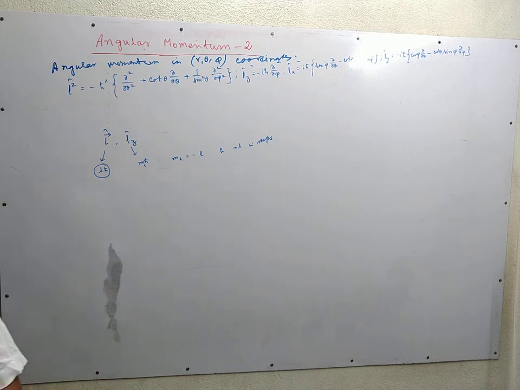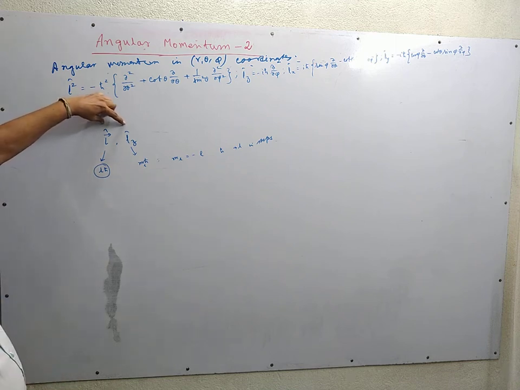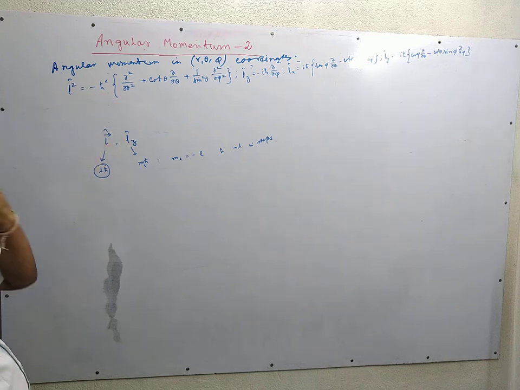When we switch over to quantum mechanics, we are to replace this dynamical variable by the corresponding Hermitian operator, and we must get the eigenvalues as the probable observed quantities.